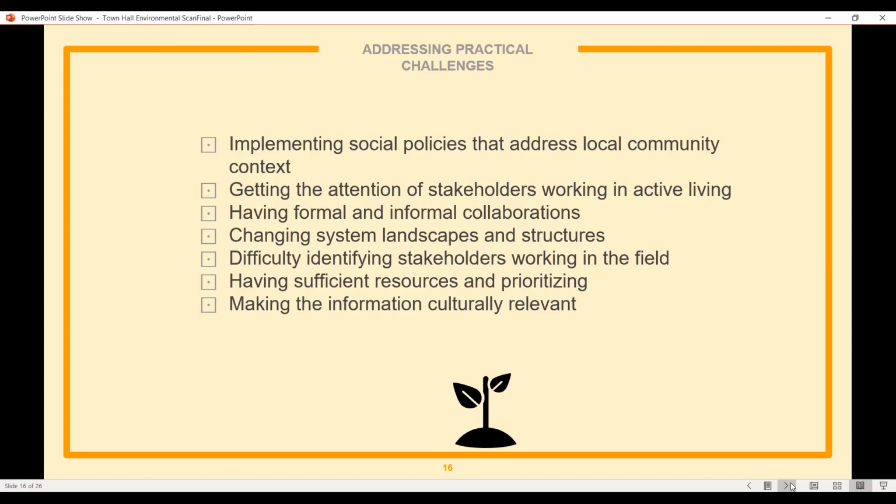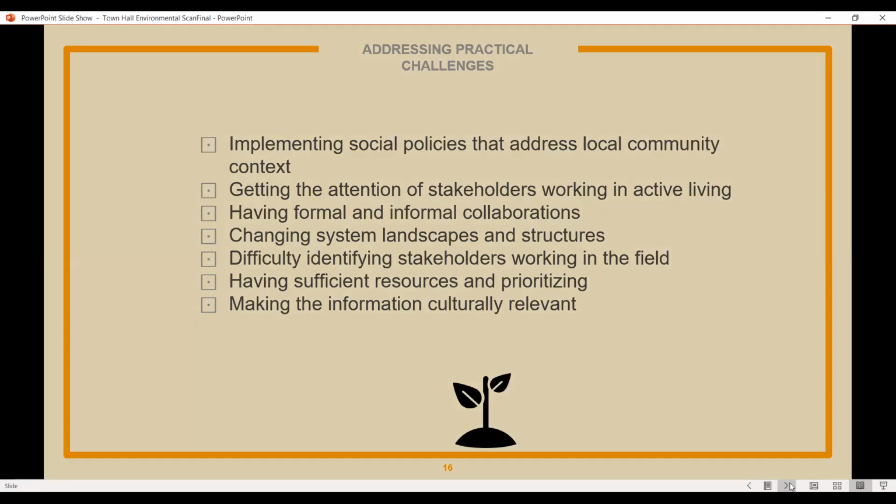And that makes it difficult to identify who are the individuals working around this issue. And of course, that's always a recurring theme: the need to have sufficient resources, and when we don't, to make sure that we have really clear priorities, and making the information culturally relevant.